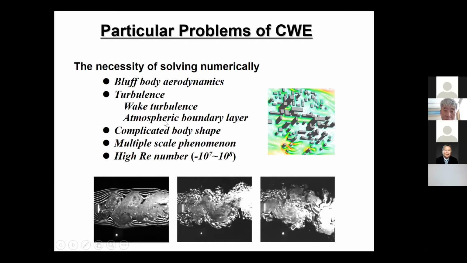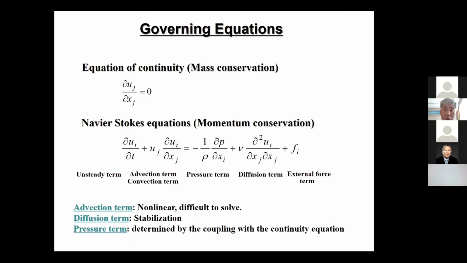And for us in wind engineering, we have very complicated body shapes, and also multiple-scale phenomena. Another problem is that we have a very high Reynolds number of the real flow. Here are the governing equations of the fluid. I don't want to describe them now, but you have to understand that the problem comes from the advection term.